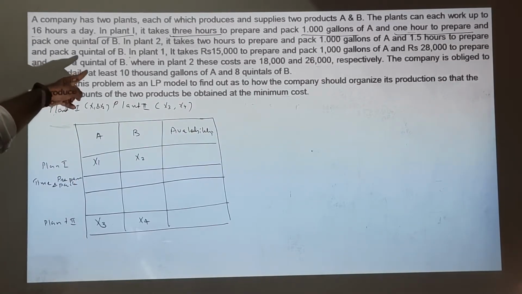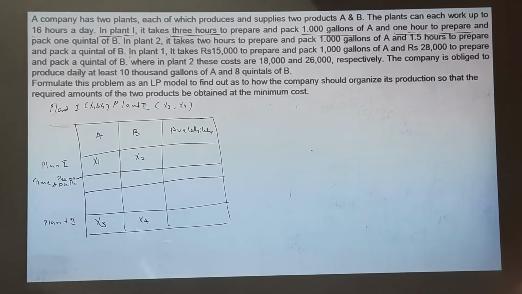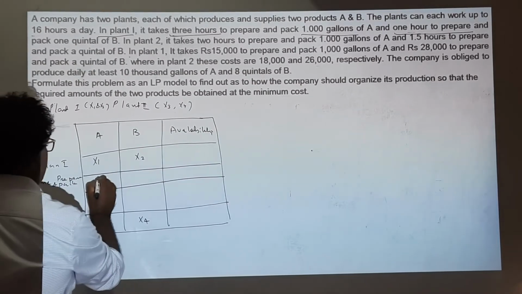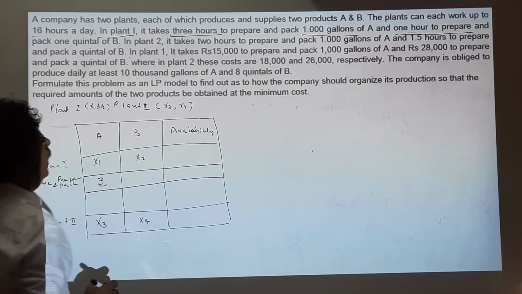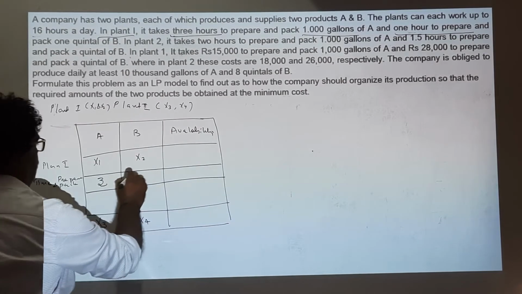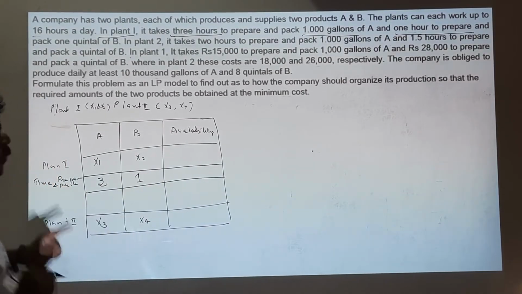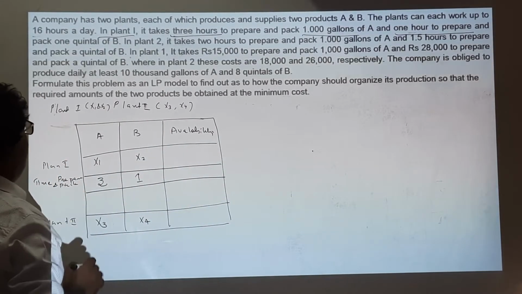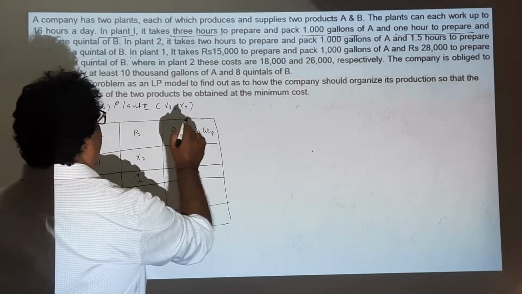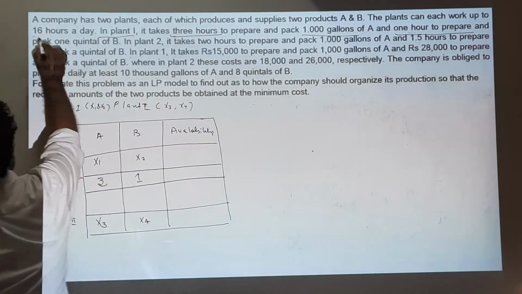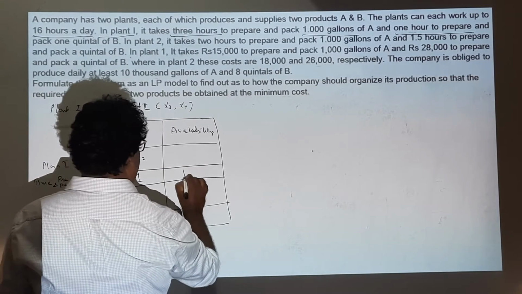Plant 1 says 3 hours to prepare and pack 1000 gallons of A, so this is 3 hours, and then 1 hour to prepare 1 unit of B. And what is the available time? 16 hours a day, total.